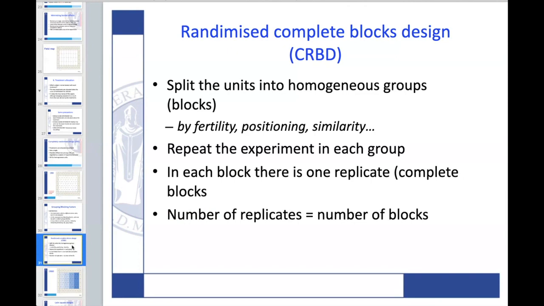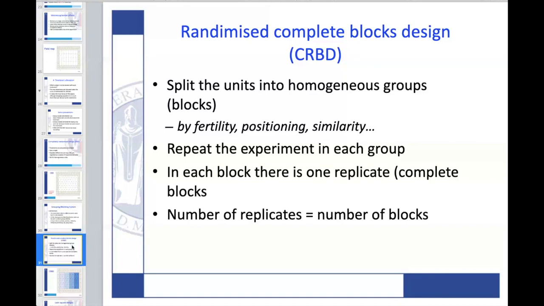Then what I do, based on what aspect? Well, in that case, I could split the plots based on fertility, but I could use positioning, similarity, sex, height, age, or whatever. I take the units and split them in groups.